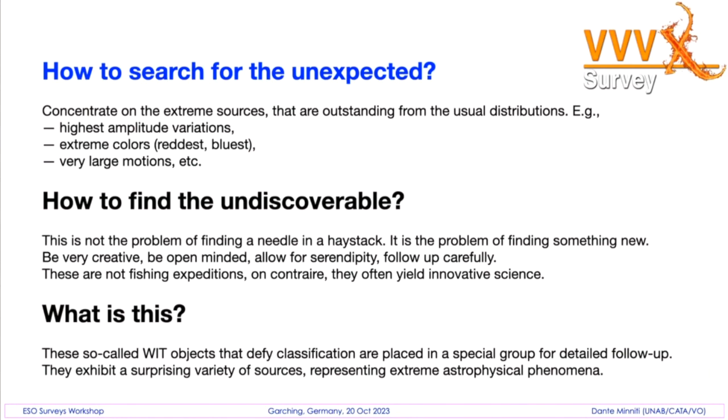The objects that are too blue or too red, or that blow up by several magnitudes, or that have very large motions, like, for example, Alonso's hypervelocity stars. So there are ways to find unexpected things, but it's harder to find something undiscoverable, that you don't know is there.